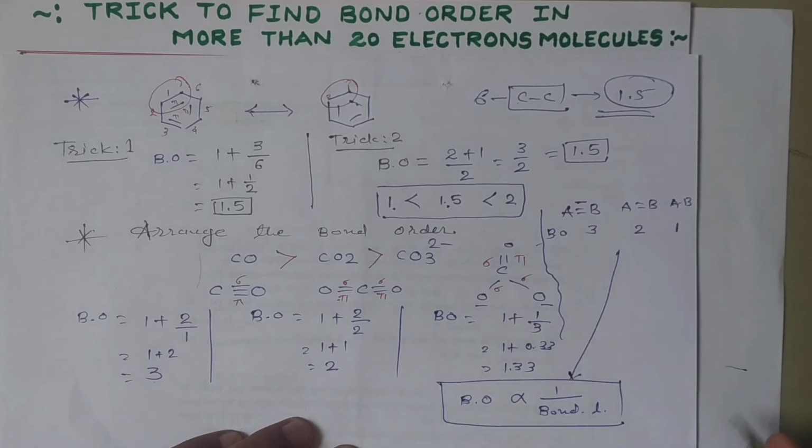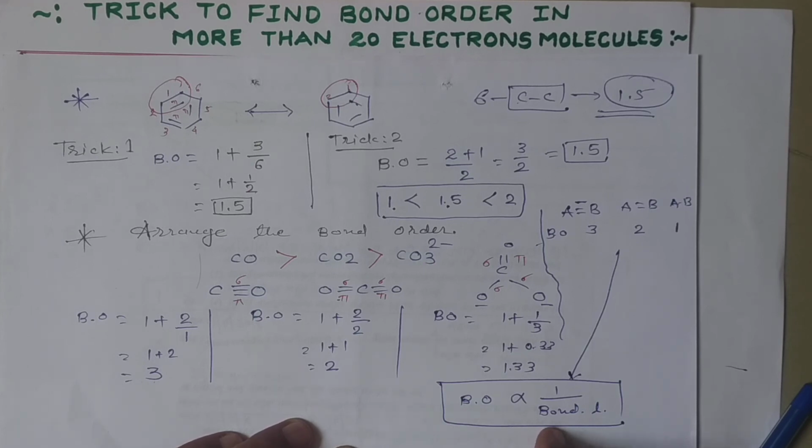If bond order is greater, then bond length is decreased. If bond length is greater, then bond order is less. So bond order is inversely proportional to bond length.